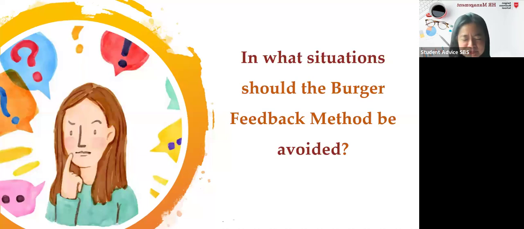Okay, so thank you so much, Miss Thin Lai. Actually, from your sharing, I pick up the words that when the line manager can speak clearly about what is right and what's wrong about the employee's performance to require immediate action, the burger feedback method may not be suitable. Yes, it's correct. So the burger feedback method has some disadvantages, especially when direct or detailed feedback is required.